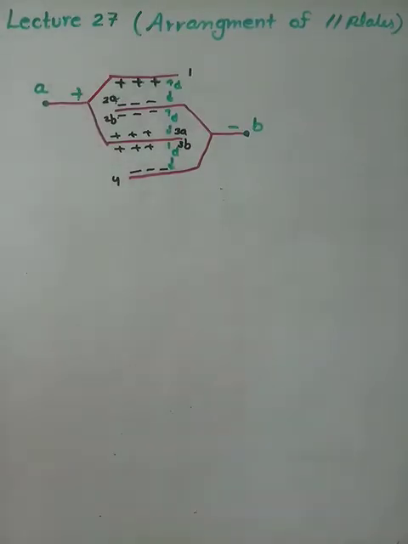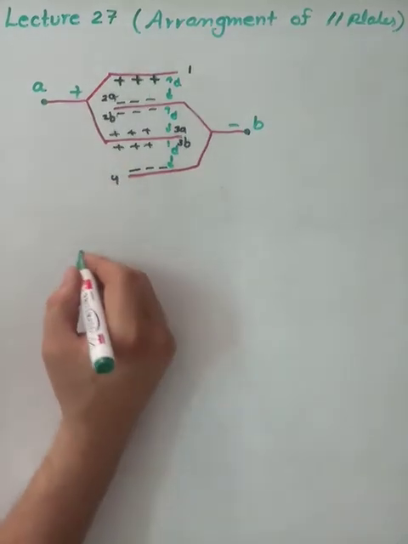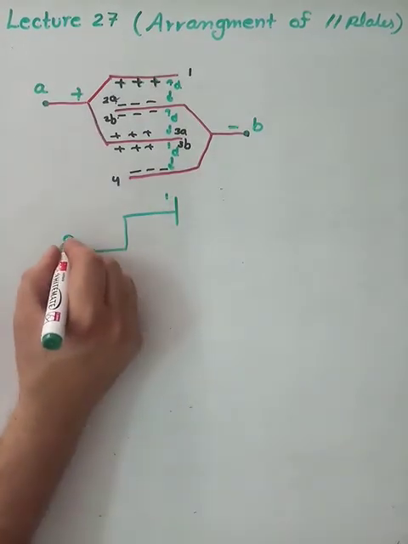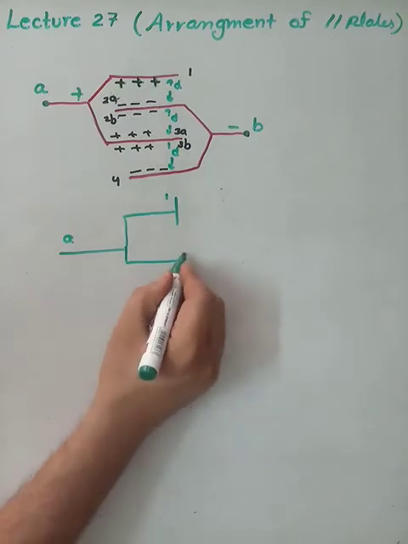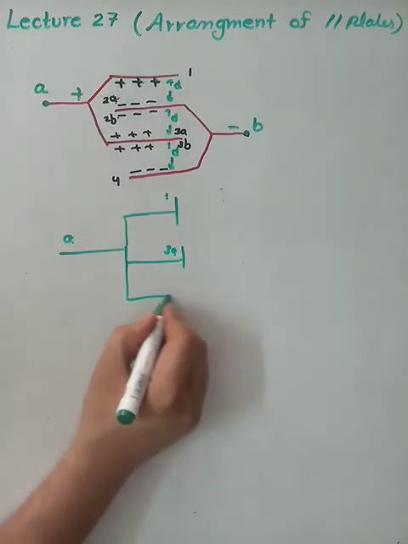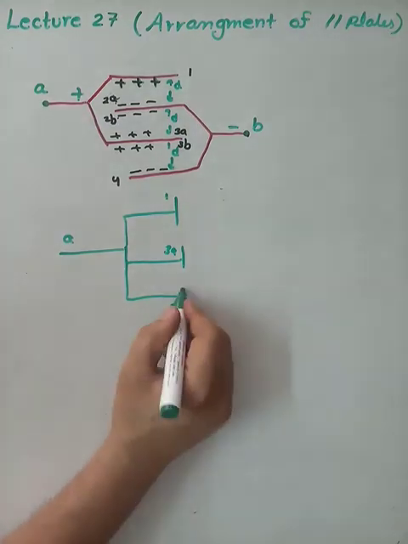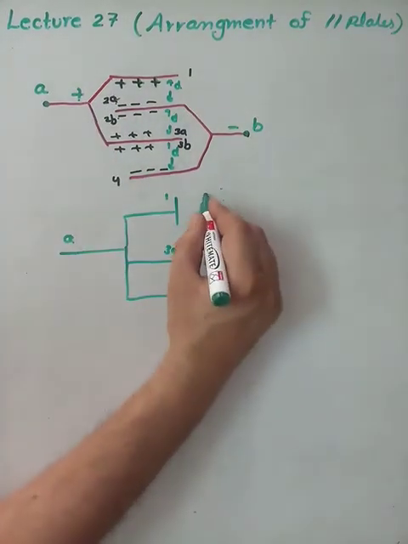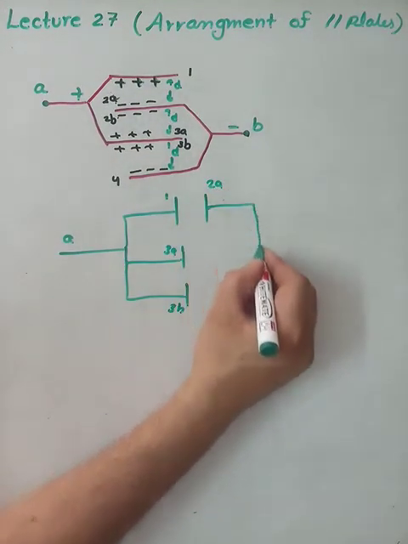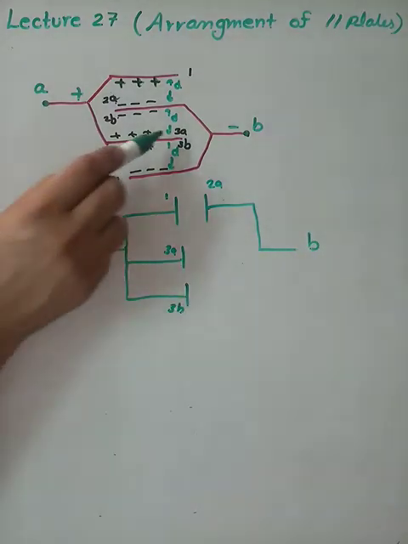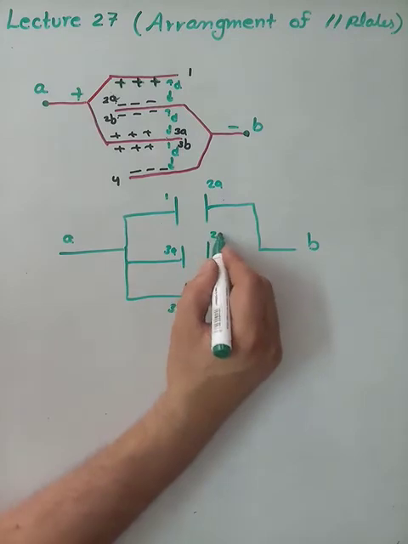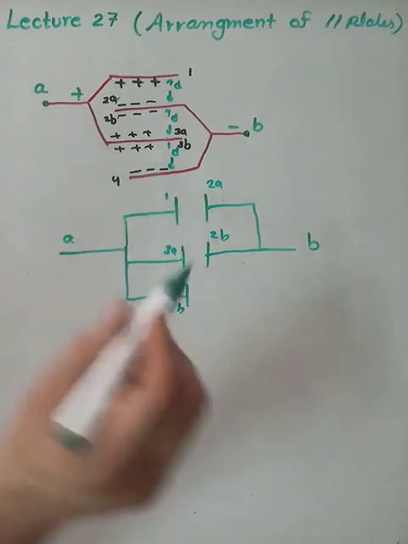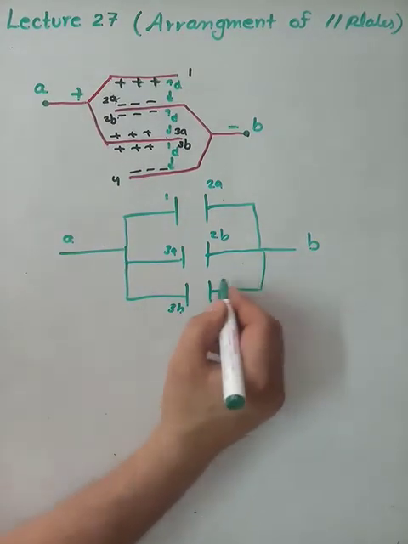Now, plate number 1 is connected with A, plate 3A is connected with A, and plate 3B is also connected with A. In front of 1 there is 2A, which is connected with B. In front of 3A there is plate 2B, which is also connected with B. In front of 3B there is plate number 4, which is also connected with B.